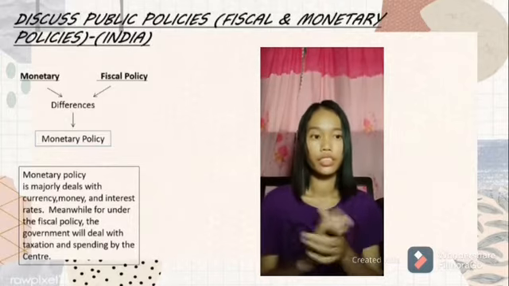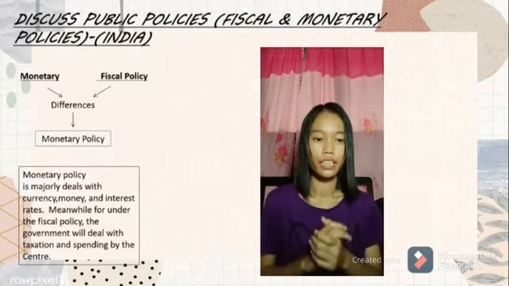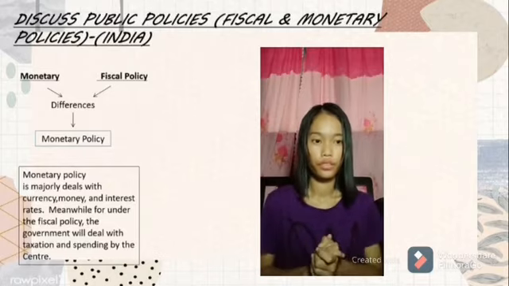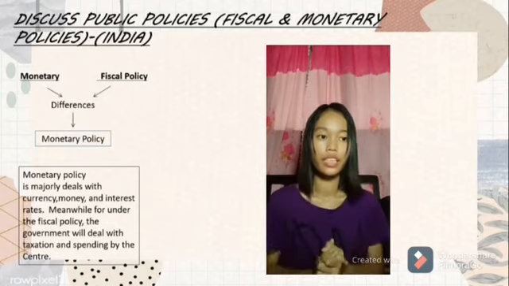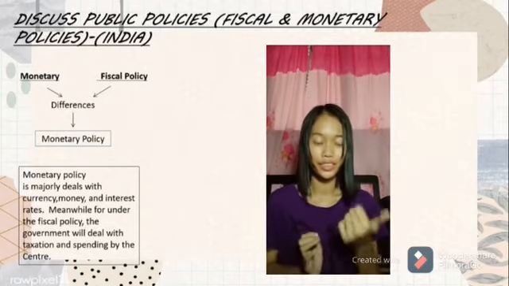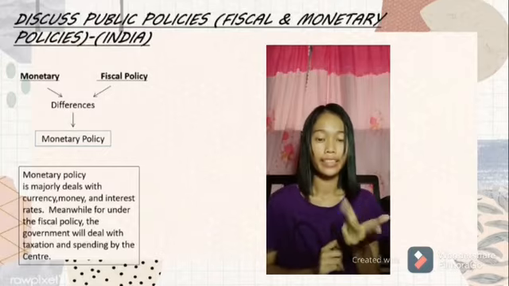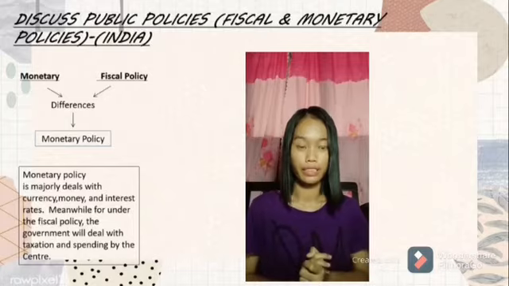In addition, monetary policy is under the Reserve Bank of India, in short RBI. Not to forget, monetary policy mostly deals with currency, money, and interest rates. Meanwhile, under fiscal policy, the government deals with taxation and spending by the center.